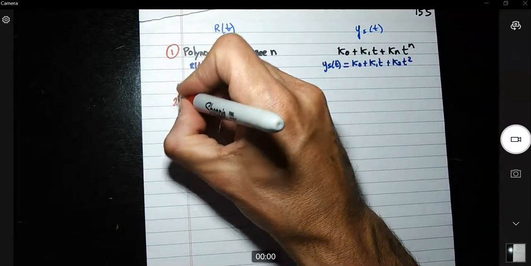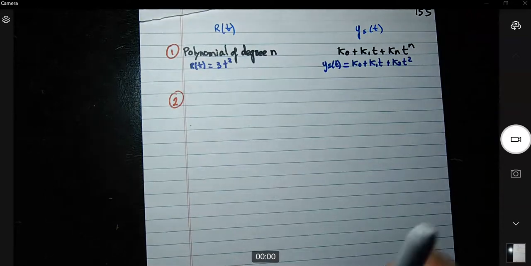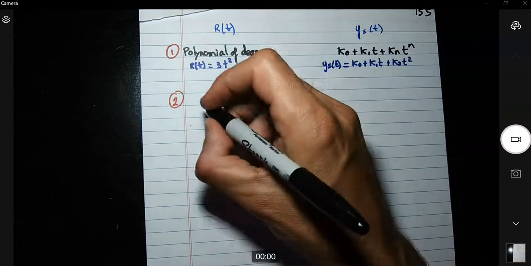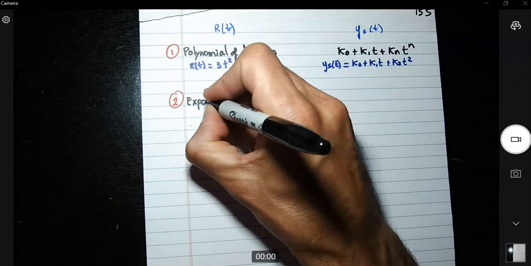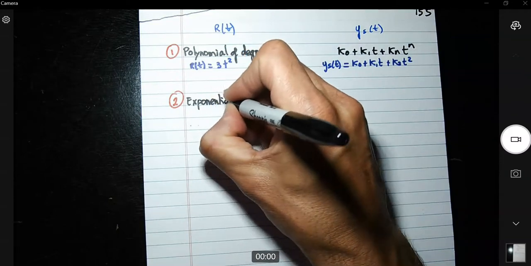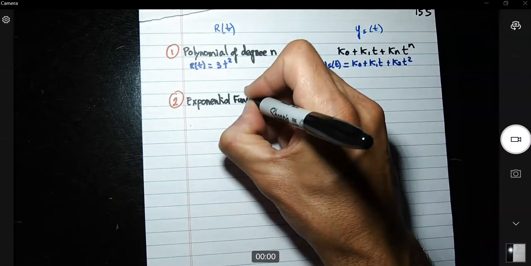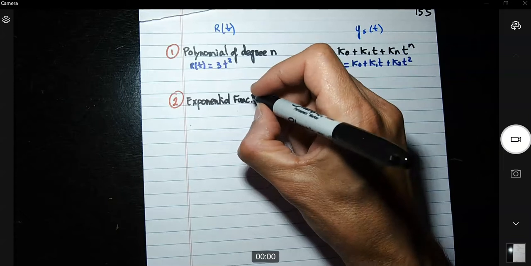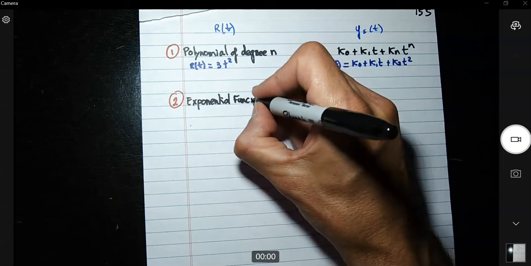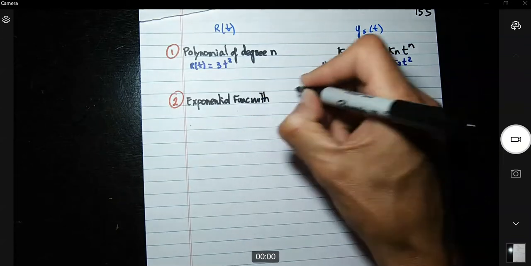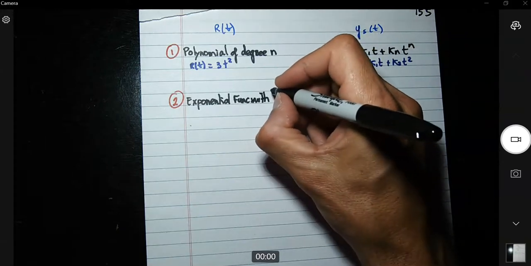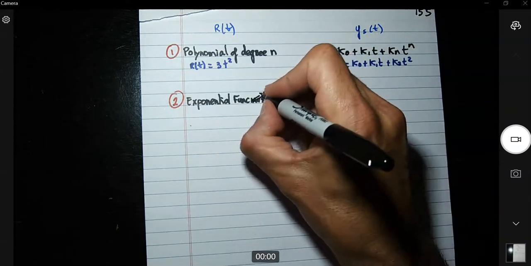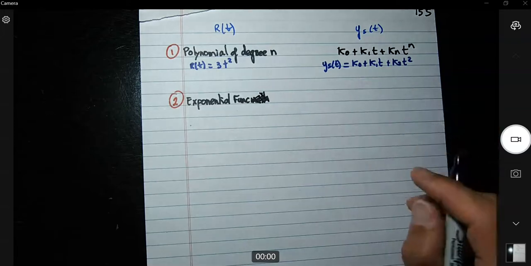Case 2 is an exponential function. Let's just leave it as exponential function, otherwise I'm going to run out of space.